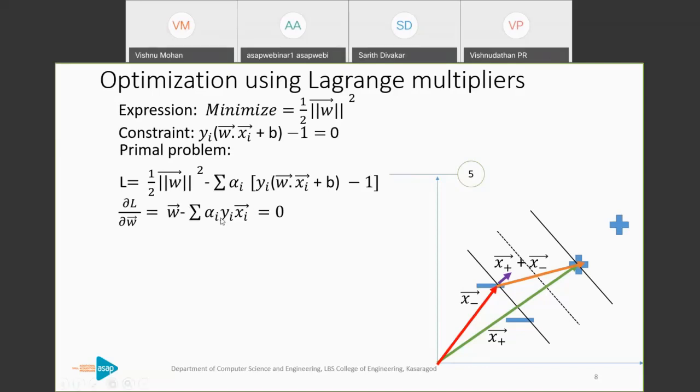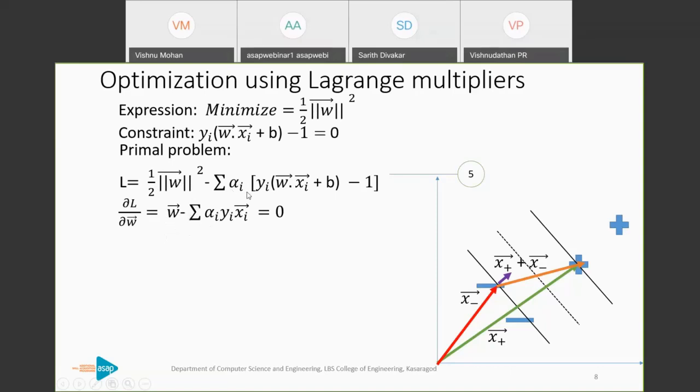Then you can apply that differentiation. Derivative of L with respect to W. So you are taking W dot W. So it will be 1 dot W plus W dot 1. In turn, that will give you 2W. So the 2 and this 2 will get cancelled. So in turn, you will be getting a W over here.